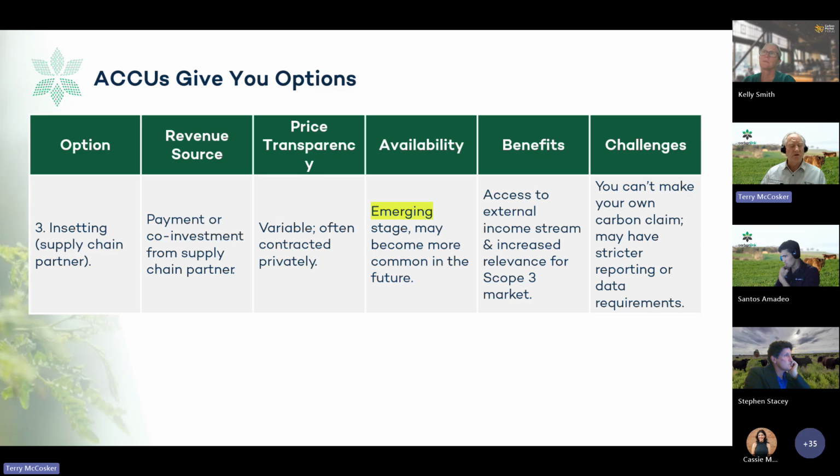The next option is inset, in other words, to sell them into the supply chain. Now, to sell them into the supply chain, so if I had 10,000 ACCUs, for example, I've got a choice of selling them to BHP or Rio or somebody like that, or a power station, or I could sell them to McDonald's.